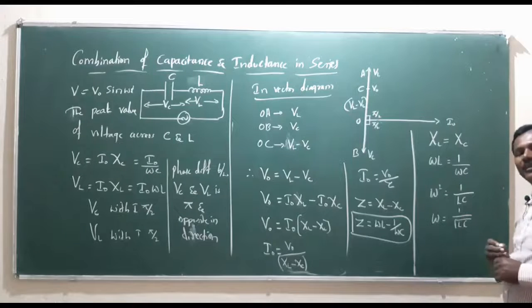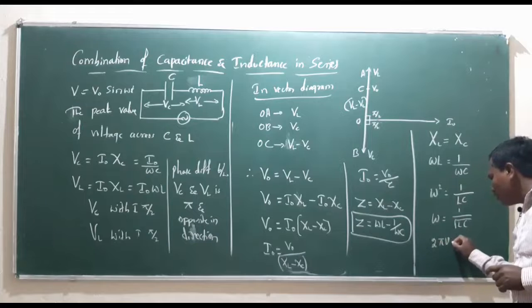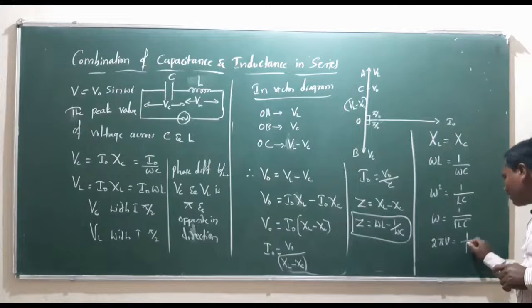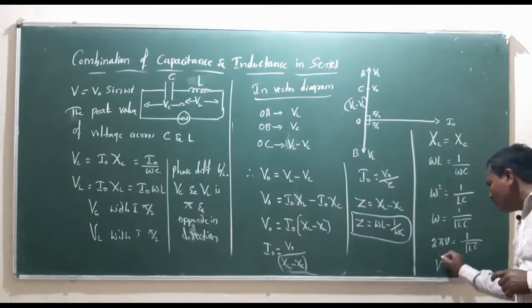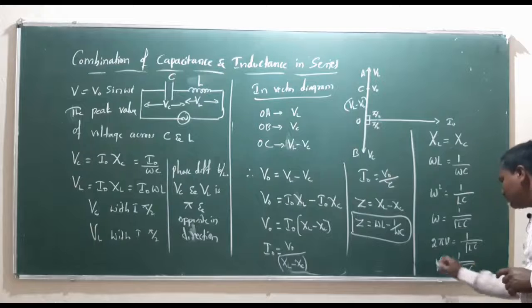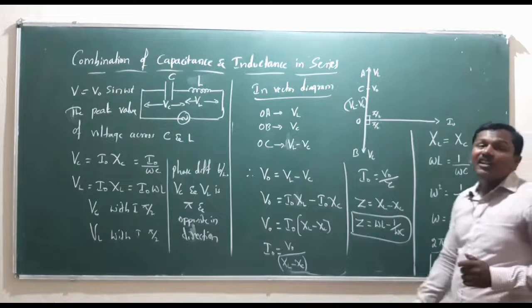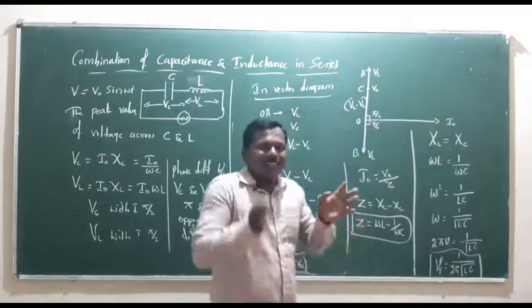Therefore, omega, which can be written as 2 pi into nu, is equal to 1 divided by square root of LC. Here nu is equal to 1 divided by 2 pi square root of L into C, and this is the expression for the resonant frequency.